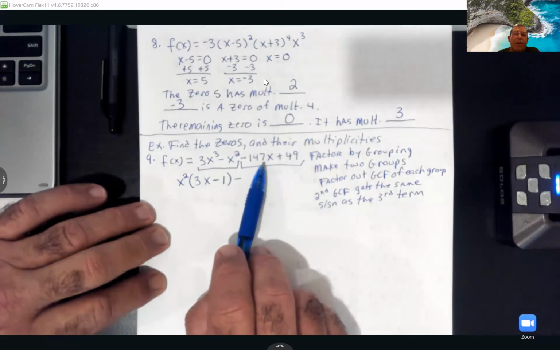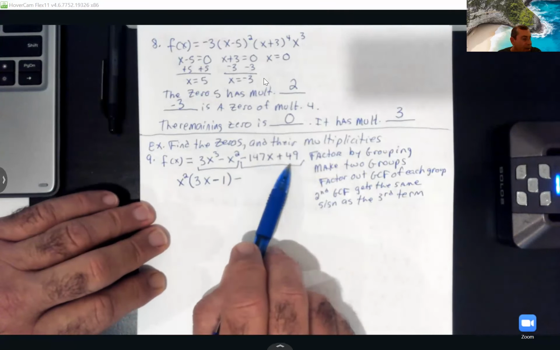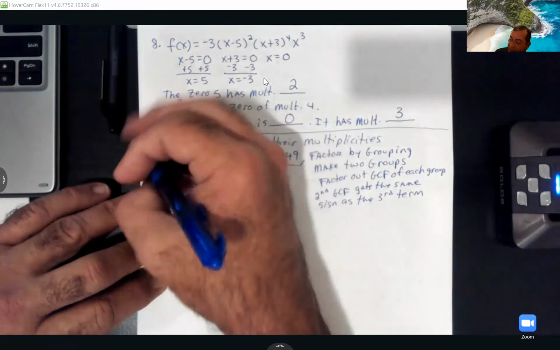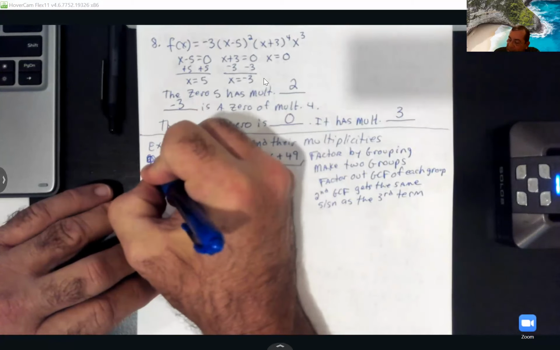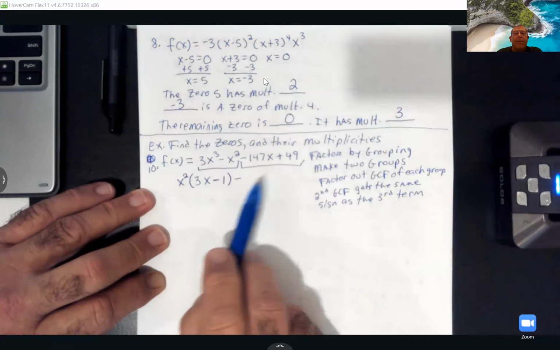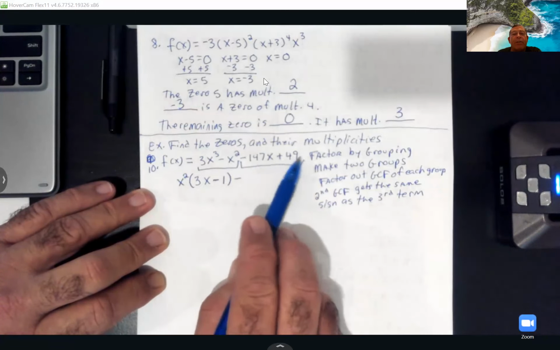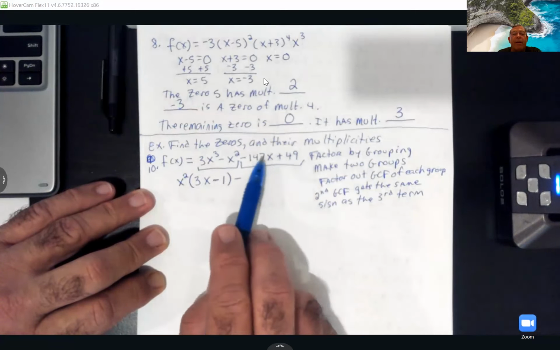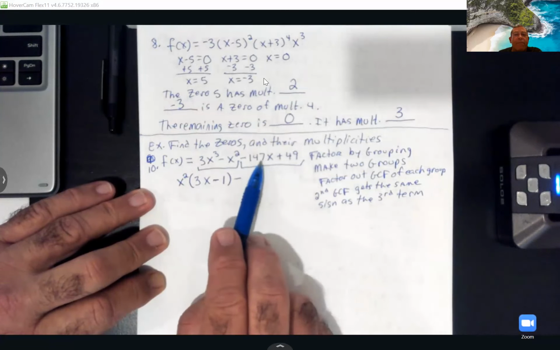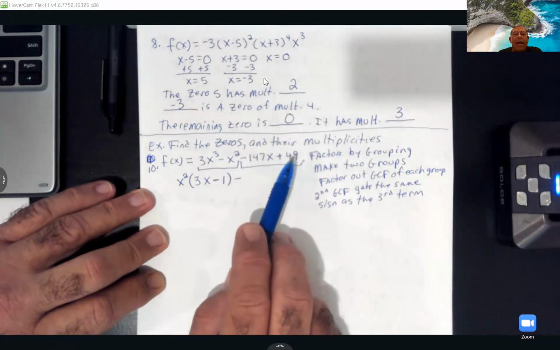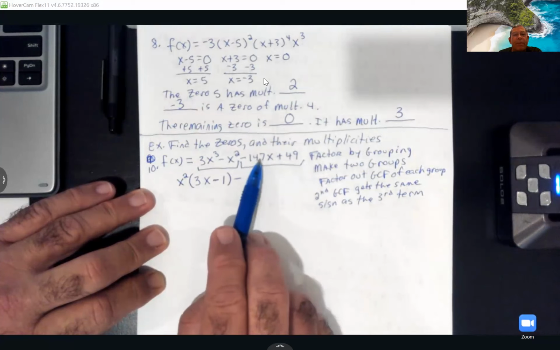And y'all, I'll tell you a trick on this one. This one's like number 10 actually. So make that a 10. This one, the GCF is always the smallest number because 49 is a factor of 147, because 49 times 3 equals 147.